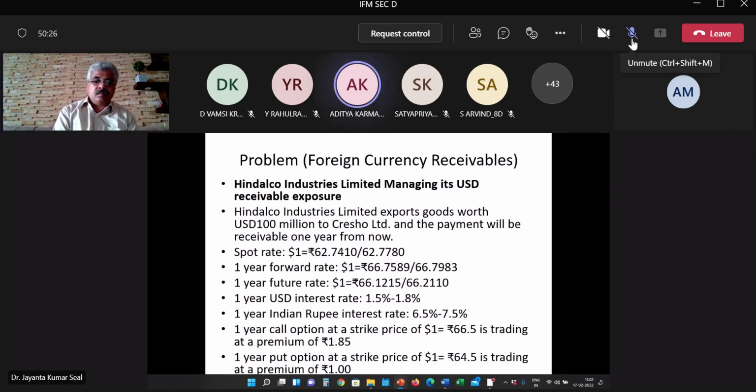Put option. The buyer of a put option has the right to sell. Indigo has to sell. So Indigo will be buying a put option at a strike price of 64.5, which is what is given, and at a premium of 1 rupee per dollar. That means for $100 million, it will pay a total premium of 100 million rupees.